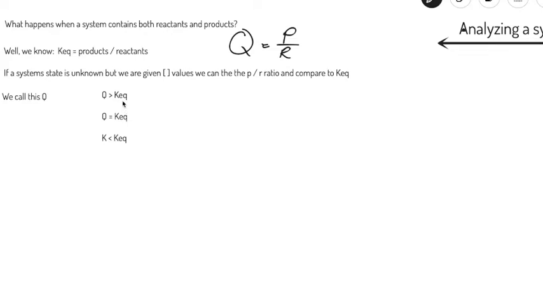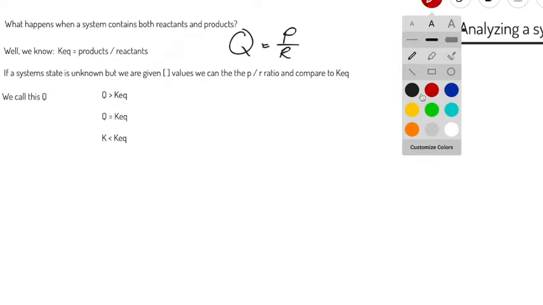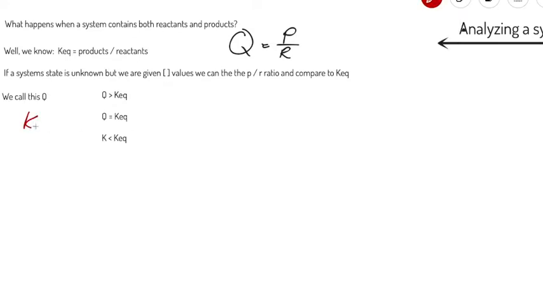When we're trying to figure out what's happening, our easiest example to compare to is a situation where KEQ equals 1. And I'm going to write that as being 1 over 1, because KEQ being 1 over 1 tells us we have an equal amount of products and reactants. Easiest scenario to imagine. In the case here where Q is greater, a possibility would be 2 over 1 is greater than 1 over 1.